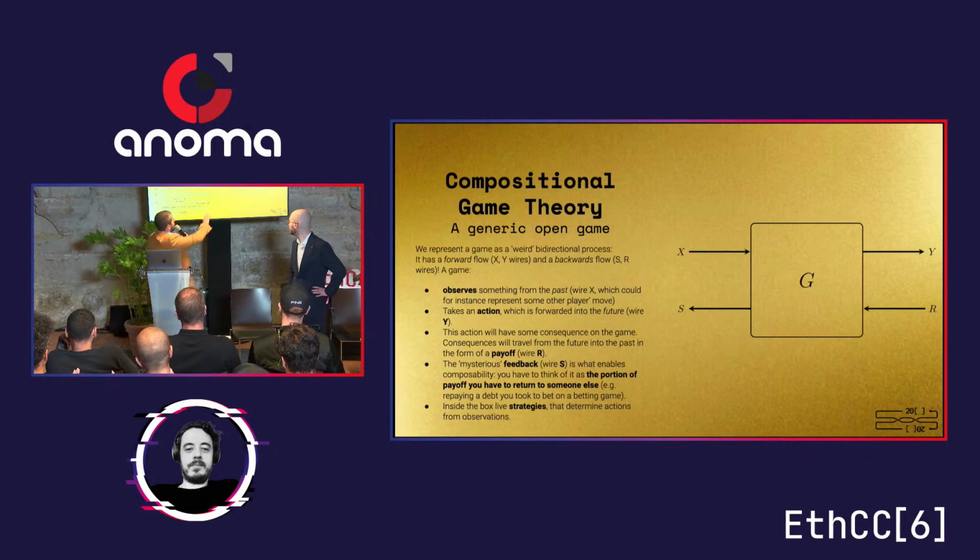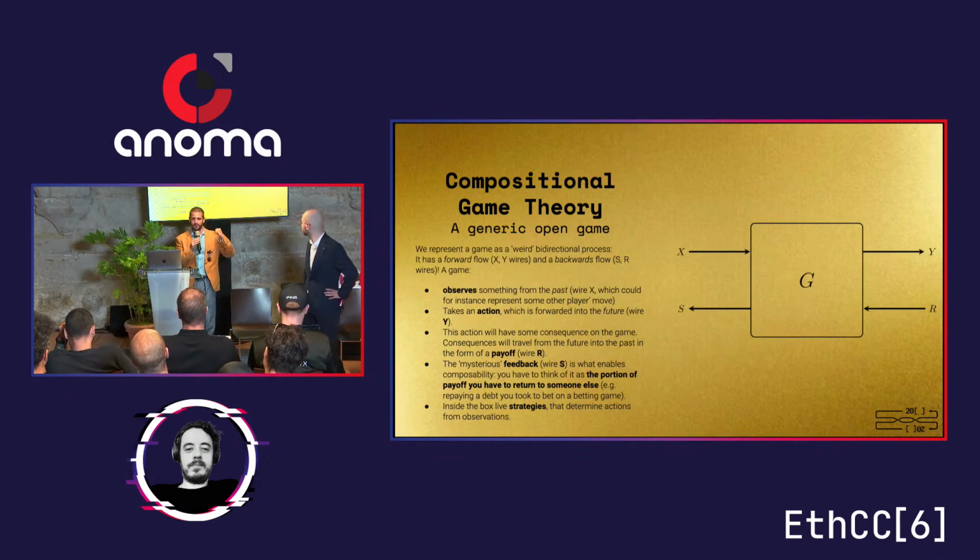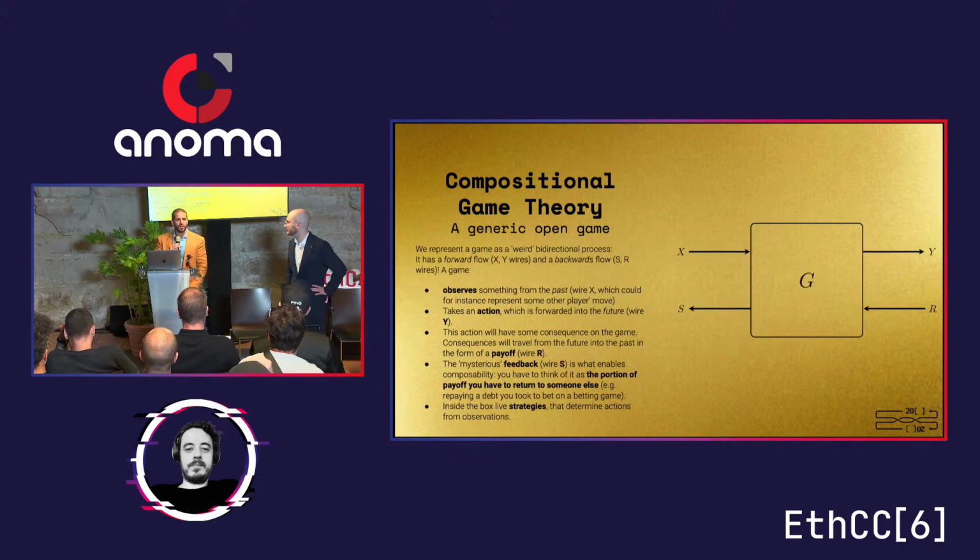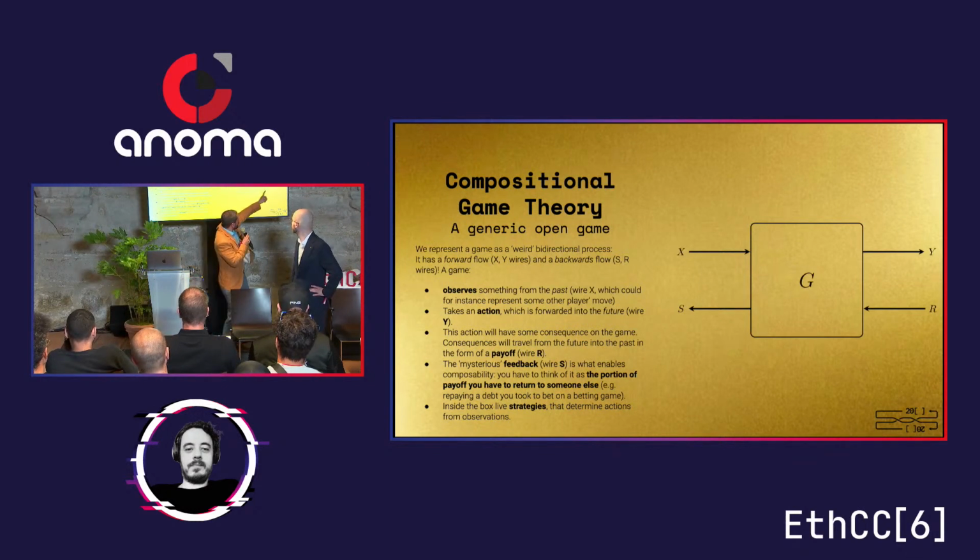So the idea is you act on the environment with a Y, and the environment will reply with an R, which is the type of what happens, how the context reacts to what you are doing. And S is the quote-unquote magical wire that allows for the compositionality secret sauce we were talking about before. You can see it as the consequences. Imagine that you have some context here that is giving you consequences to your actions.